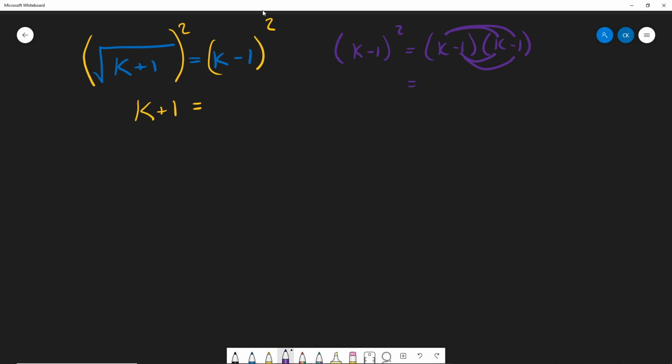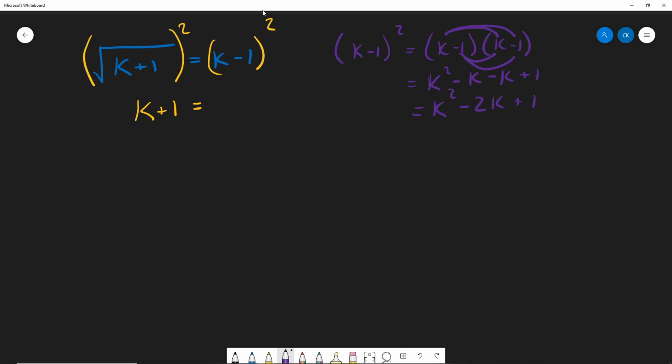So this is going to end up being k squared minus k plus 1, which will then simplify to be k squared minus 2k plus 1.